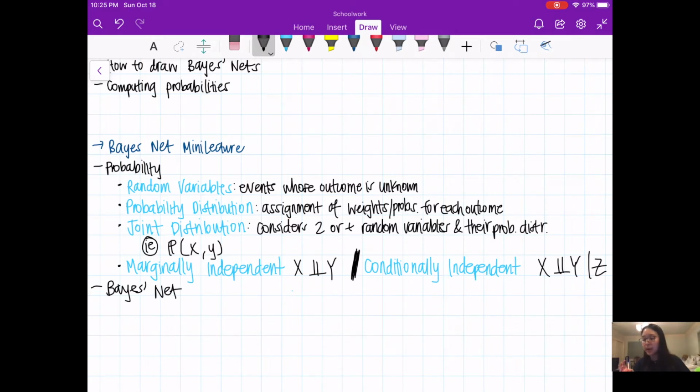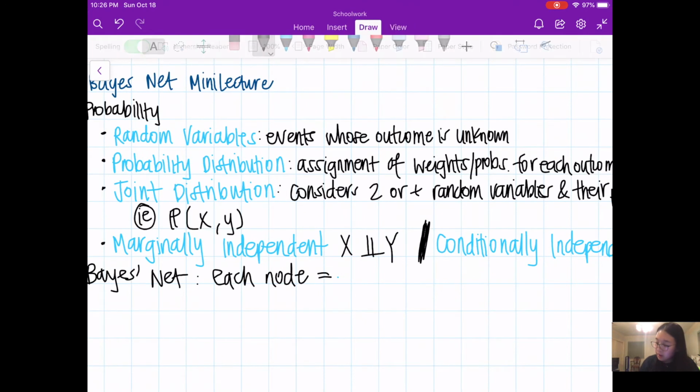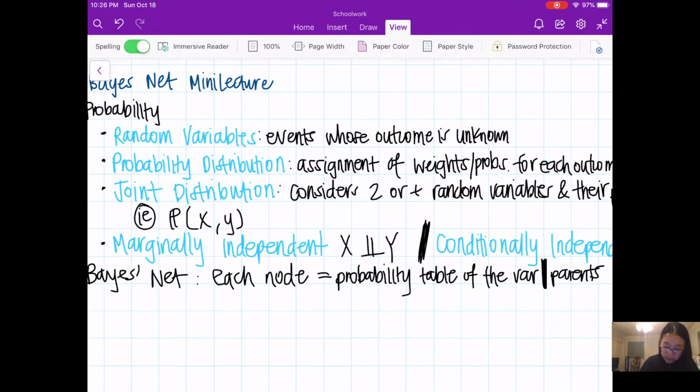How a Bayes net looks is that each node is going to be equal to a probability table of the variable given its parent. This notation might seem a bit confusing at first, but we're going to go through some examples and I think the format will become more obvious.